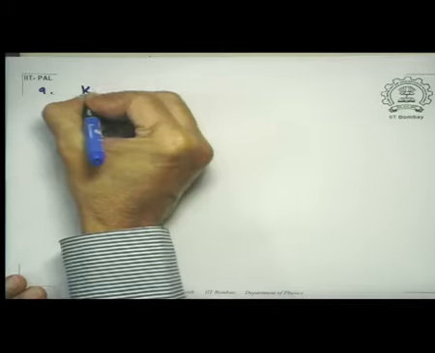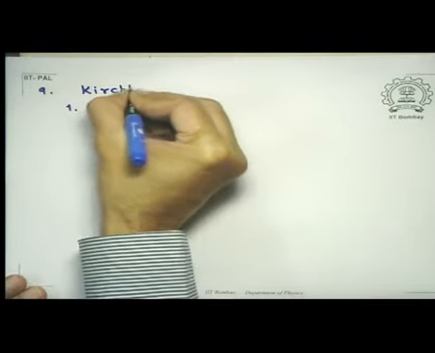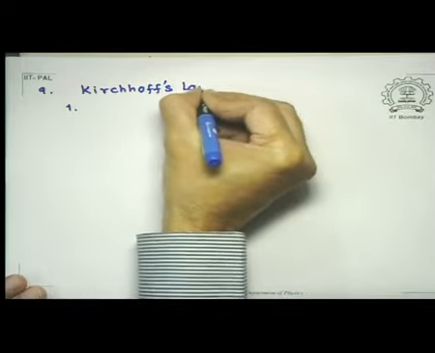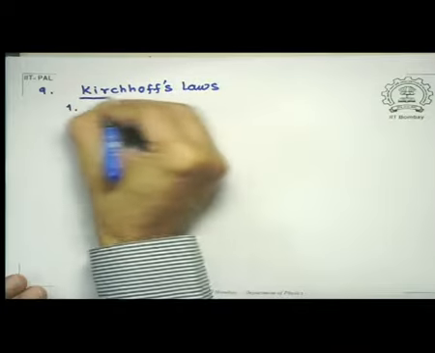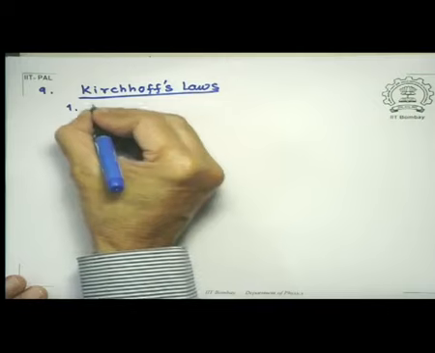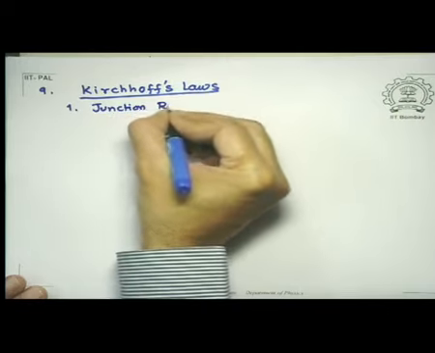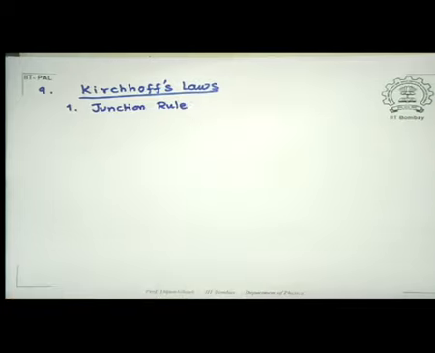There are two laws. This is Kirchhoff's law. The first law is called the junction rule. The junction rule says that the algebraic sum of currents flowing towards a junction is 0.